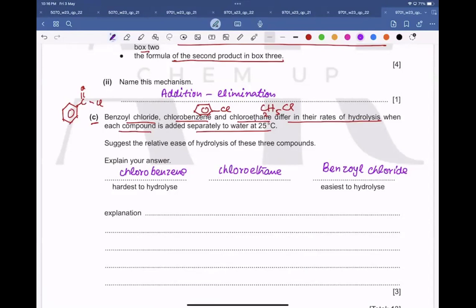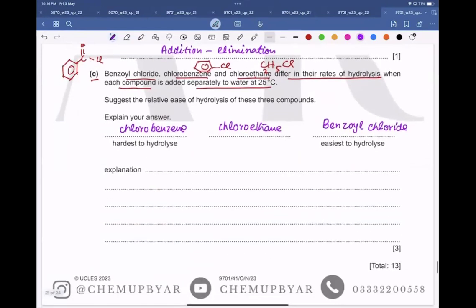Now we have to explain the reason. So in chlorobenzene, the carbon-chlorine bond is strongest. If I'm using the word strongest, it means I'm talking relatively, that it is stronger than the others.